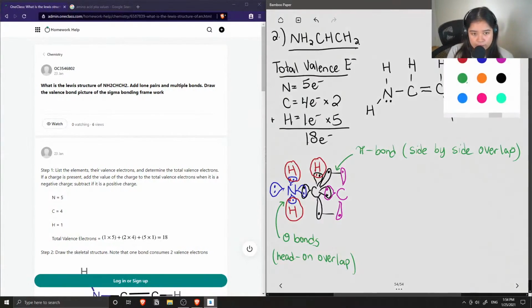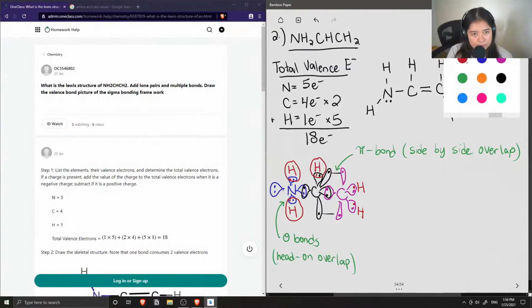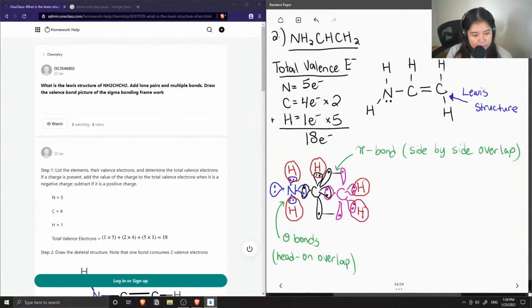Okay, and then just for the last carbon, it has two more hydrogens bonded to it as well, and then we just draw those two sigma bonds, like so.